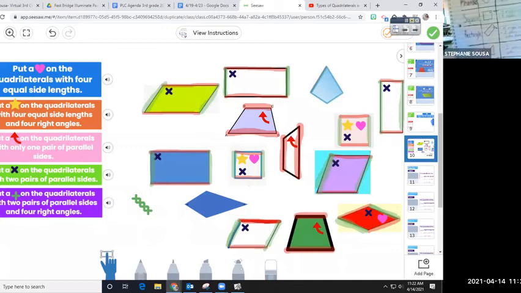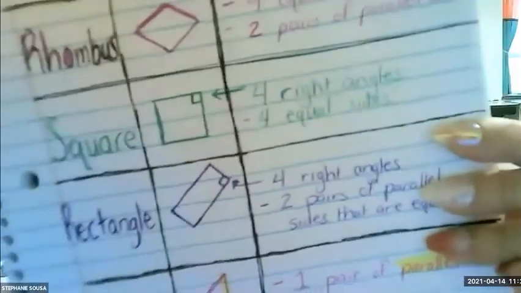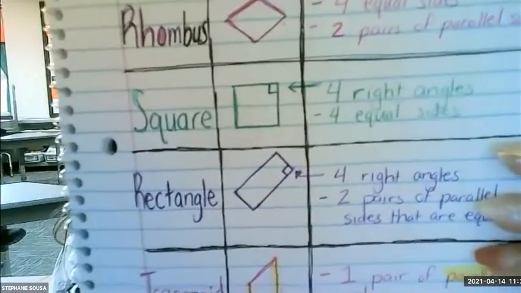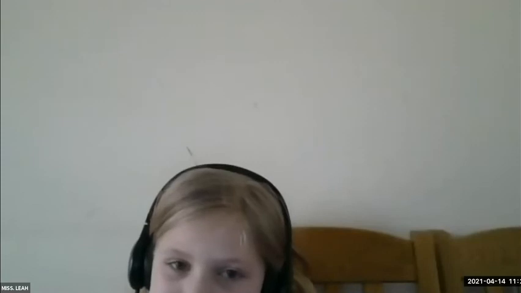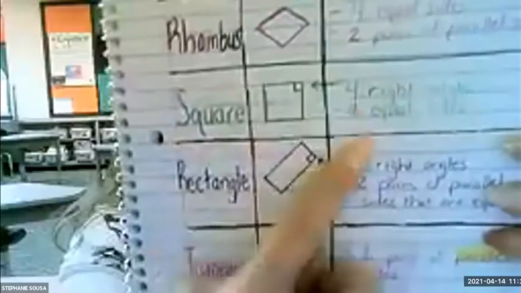Leah, help me out. Which 2 quadrilaterals have right angles? She's going back. A rectangle. Uh-huh. And a? Square. Beautiful. Right there. Square, 4 right angles.